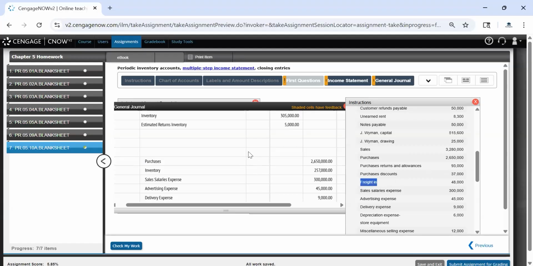Freight in also is a debit balance because it increases cost of goods sold. Purchase returns and allowances reduce cost of goods sold, so they need to be credited, as well as purchase discounts.